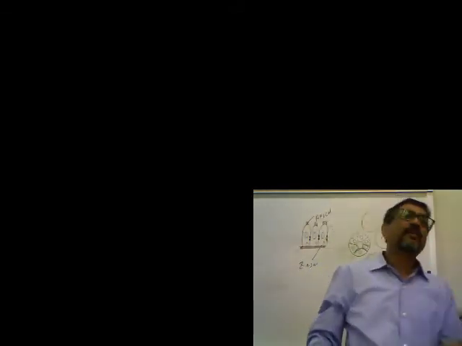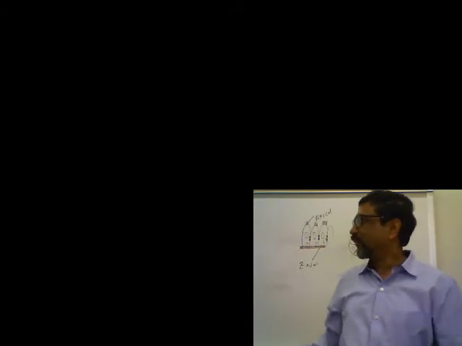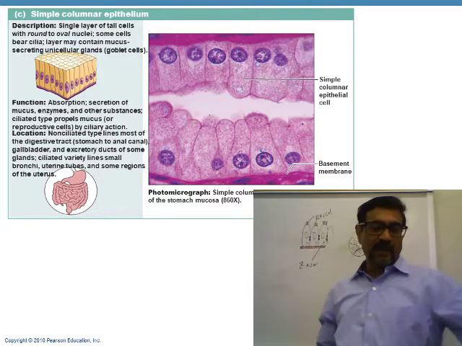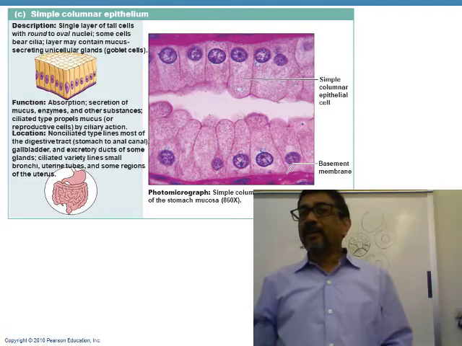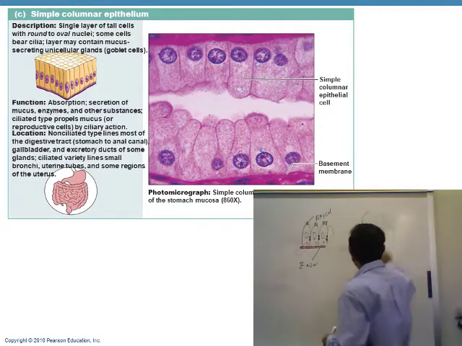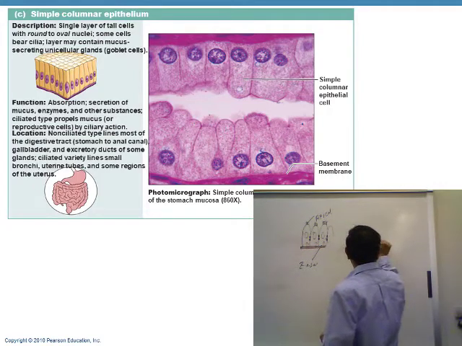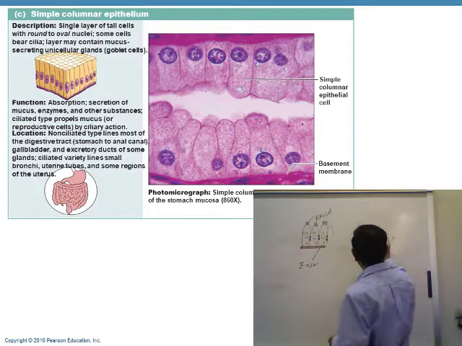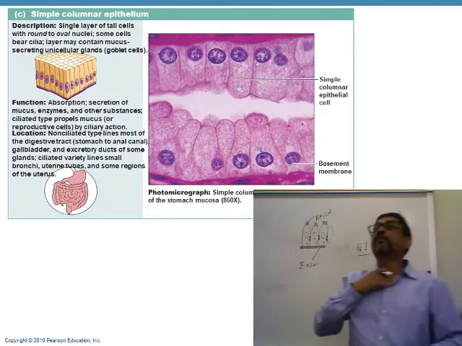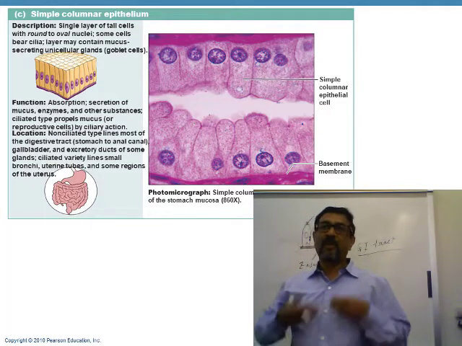Then let's go to the next one. Simple columnar. This is very simple. You see a single layer of tall columnar cells. Where will you find simple columnar? Number one, in your GI tract, gastrointestinal tract, but there is a condition: stomach and below, not above the stomach.